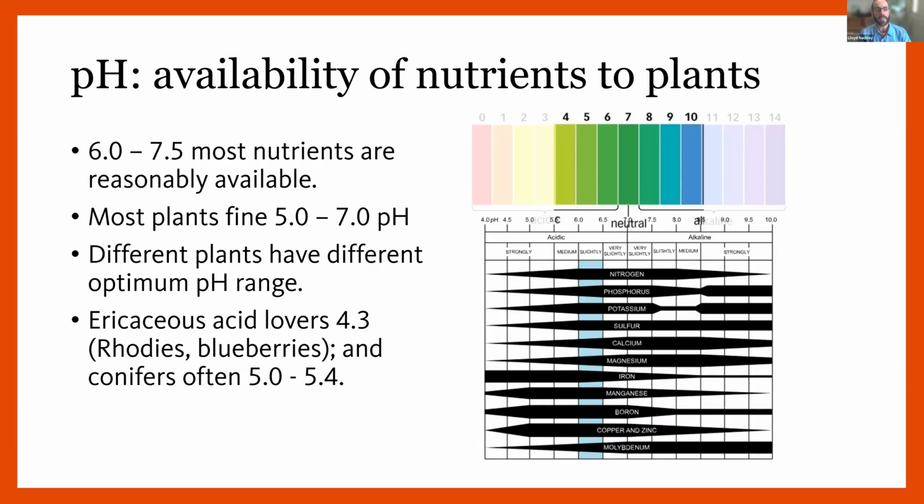I did list ericaceous, so people in Oregon at least are very familiar with rhododendrons, azaleas, and blueberries. So these are plants that do like acid-loving soil. And I debated including that in this lecture since we're focusing on hydroponics. But because blueberries are one of the fastest growing crops in hydroponics, I thought it would be relevant.